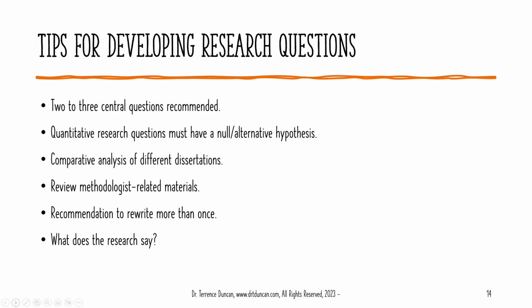If I am a chair or an instructor evaluating the work, and you do not have a null and alternative hypothesis with a quantitative study design, I'm going to reject it or make a comment stating you need to identify what your null and alternative hypothesis may be. For every research question that you provide, you have to have a null and alternative hypothesis, meaning it's a one-to-one relationship. So do not provide 3 research questions and then have 5 different hypotheses to consider. It has to be a one-to-one relationship across the board.